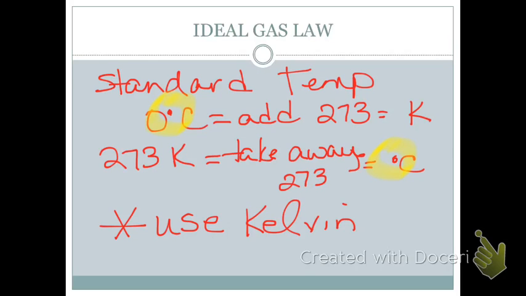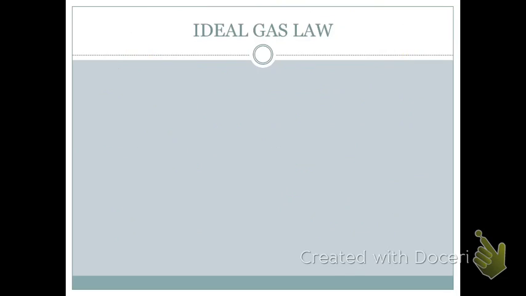However, if I specifically tell you that I want degrees Celsius, or I give you degrees Celsius as a possible unit that I want, then of course you convert from Kelvin back to degrees Celsius. But other than that, we use Kelvin when we're talking about the ideal gas, because this is an ideal gas. This is like the perfect gas.